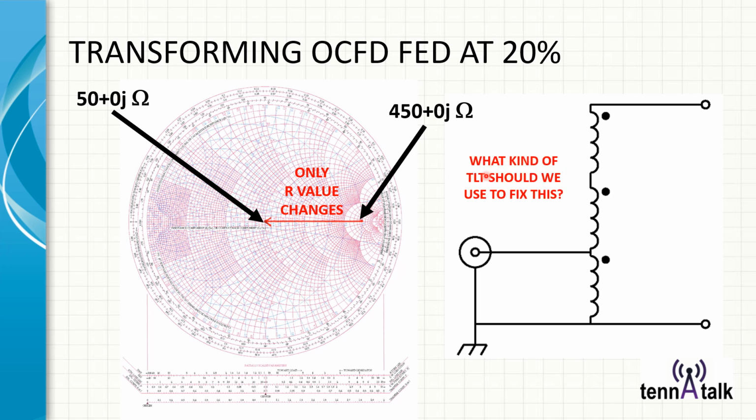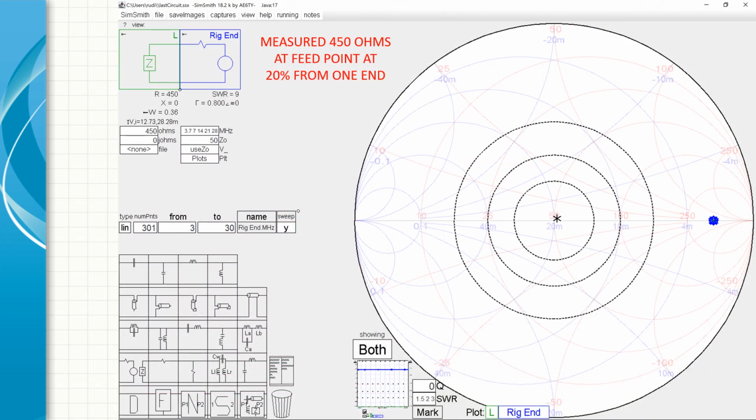Okay, so guess what? What kind of TLT should we use to fix this? Yes, 450 ohms divided by 50 is 9, therefore a 9-to-1 unun is what we need. So using SimSmith, which is free, and I recommend you all download this because it's a phenomenal tool for doing analysis and modeling.